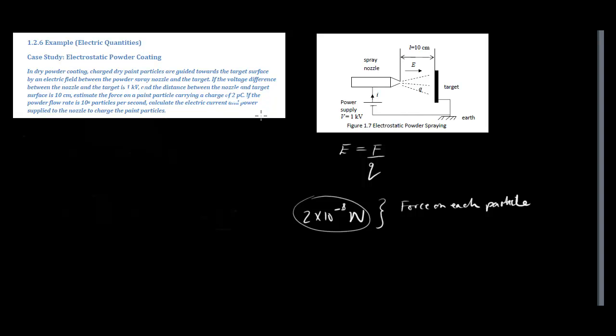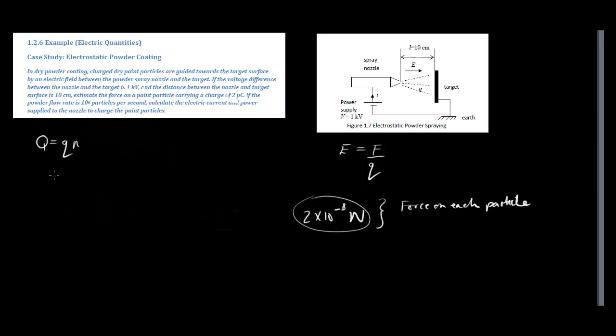For the next part of the question, again we've got to make an assumption: assume that the total number of particles sprayed at any moment in time is n. So we're given an arbitrary number n, and therefore the total charge Q is equal to qn.